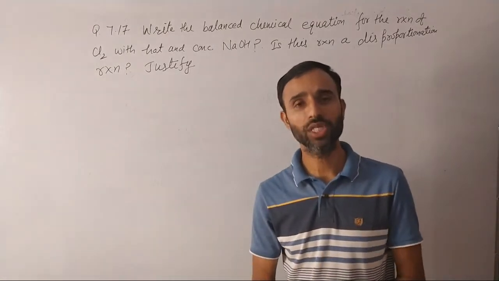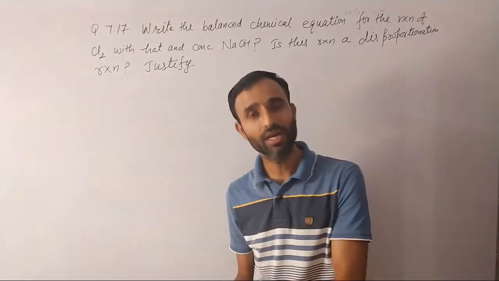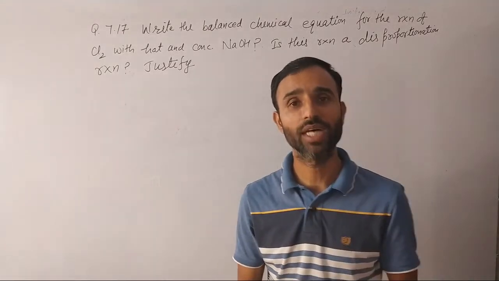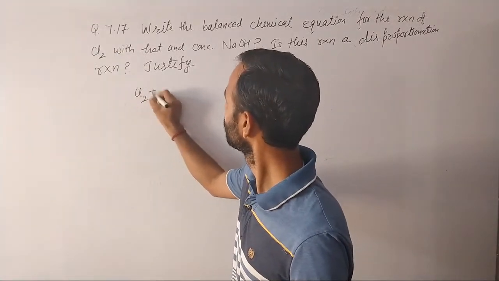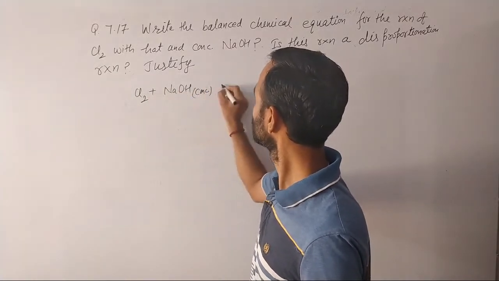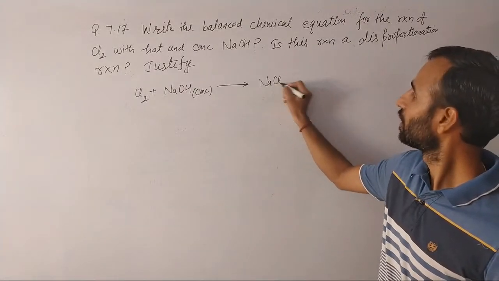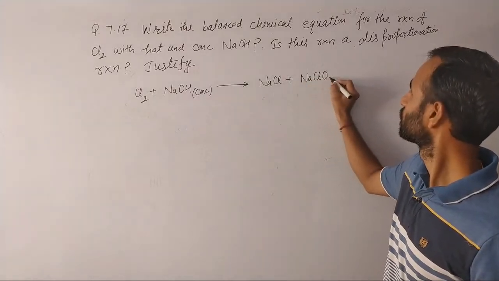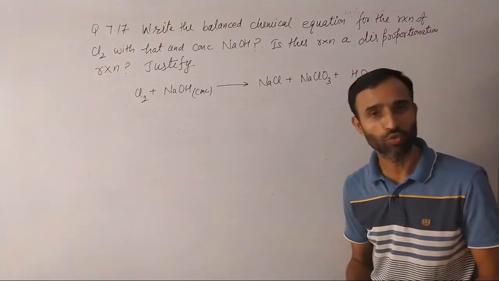A disproportionation reaction is one in which the same element gets oxidized as well as reduced. So say we have chlorine with concentrated sodium hydroxide. It will give NaCl plus NaClO3 and H2O.